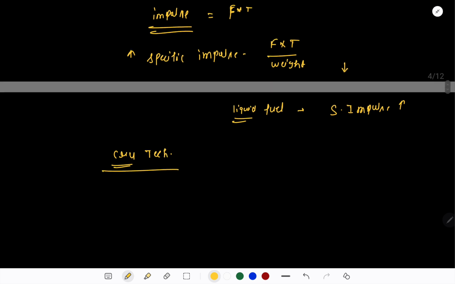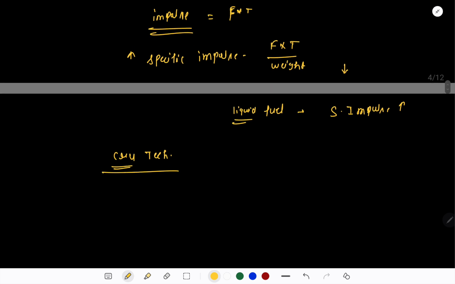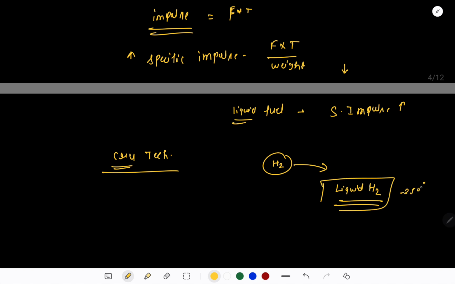Now what is it? You know it very well. Let's say for example we have hydrogen gas. If we compress this gas and liquefy it, it becomes liquid hydrogen. Hydrogen liquefies at about minus 250 degrees Celsius.